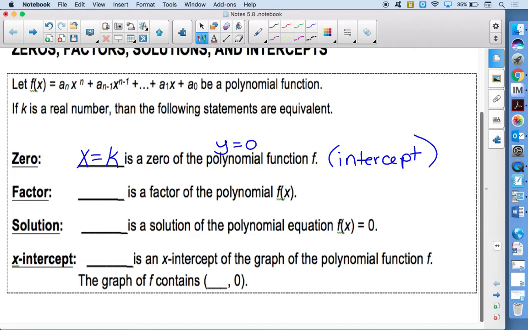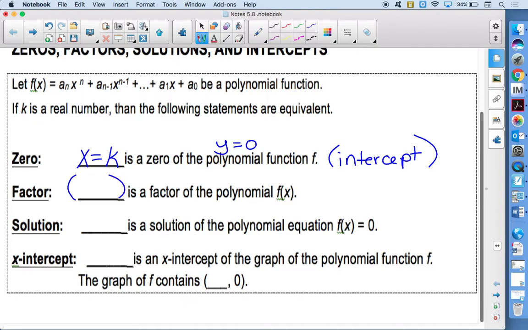The next term is a factor. So how does a factor usually look? If we factor a problem, what does it usually look like? What does it have in it to be a factor? Well, usually x plus or minus something. It's in parentheses. A factor is in parentheses.